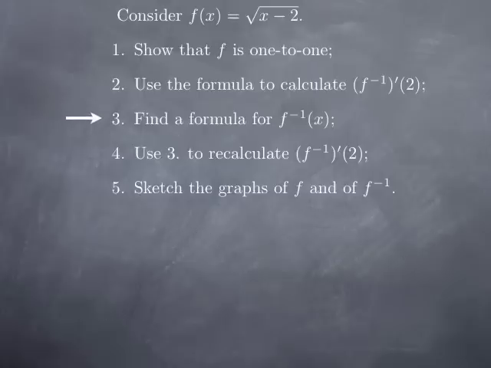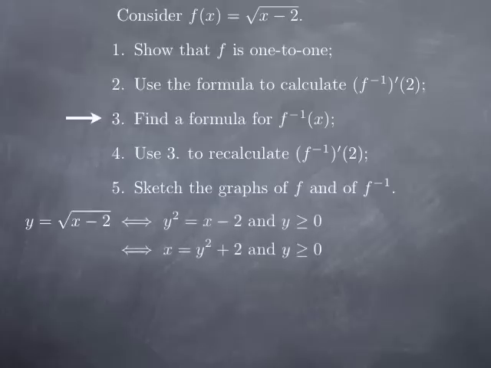Now if we turn to the third question, we're looking for a formula for f inverse of x, and we've discussed before how to obtain such formulas. We start with y equal f of x, and then we solve for x, and that corresponds to x equal f inverse of y. So solving for x here means that we're going to square both sides, and we obtain y squared equal x minus 2.